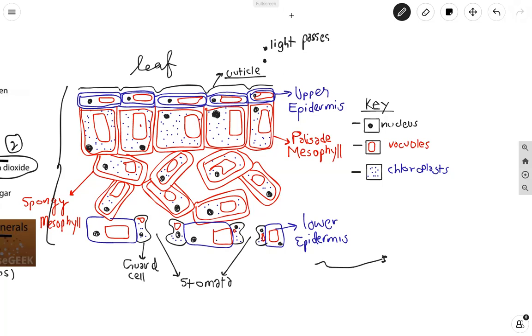The second benefit of the cuticle is that it stops excess evaporation. It stops the leaf from losing a lot of water, because it needs the water, first of all, for photosynthesis, and also to keep the cells firm in their place.